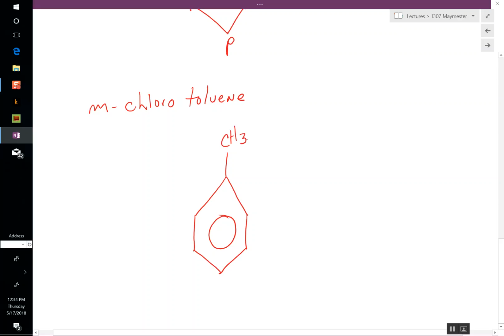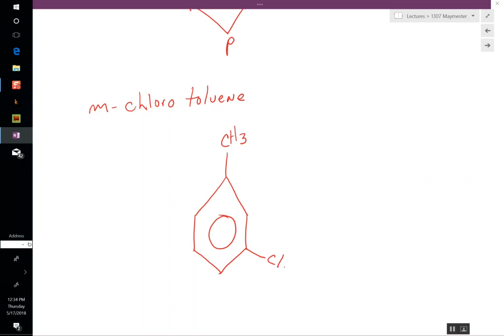Start out with toluene. Meta-chlorotoluene. So right down here, you're going to have a chloro group. Okay?